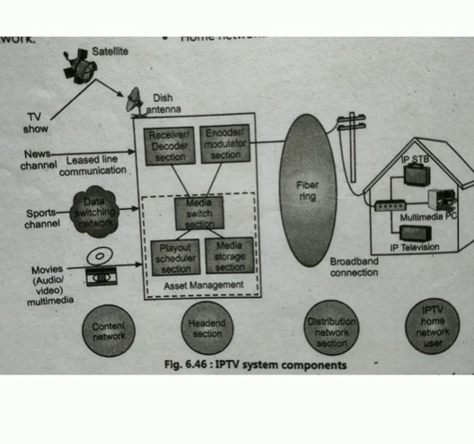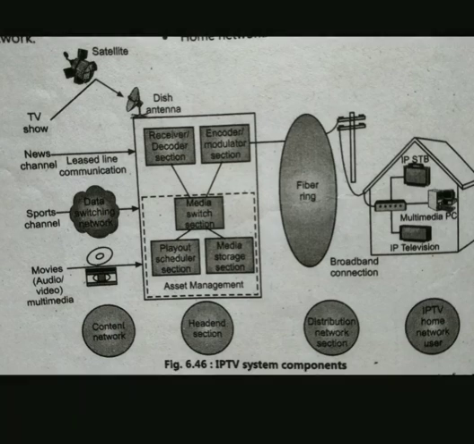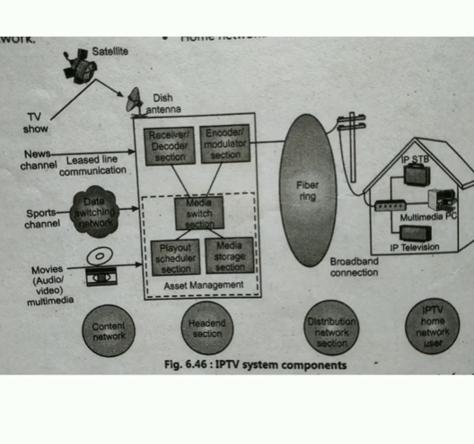Channel selection is another important benefit, or feature, of the IPTV system. We can select whatever channels or package we want and only pay for that particular package. We do not need to pay for the channels or packages that we are not using or do not want to watch. So channel selection is one of the most important features of this IPTV system.